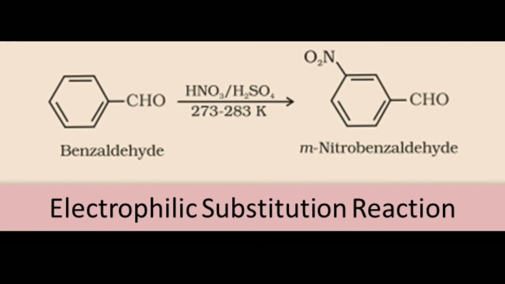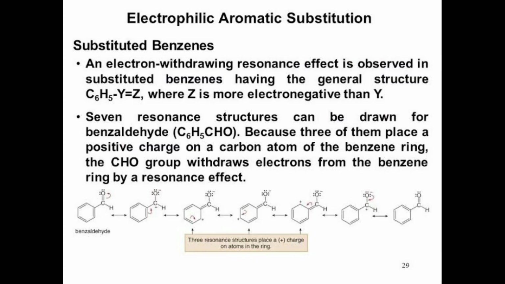For example, benzaldehyde plus concentrated HNO3 in presence of concentrated sulfuric acid gives meta-nitrobenzaldehyde, and the ketonic groups, which are electron withdrawing by inductive as well as resonance effect, deactivate the benzene ring at ortho and para positions, resulting in the formation of meta product.